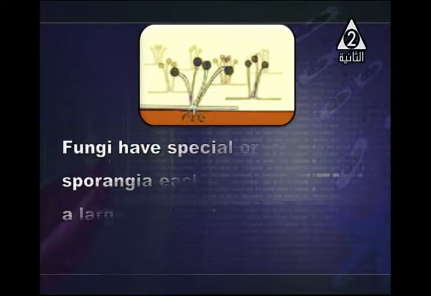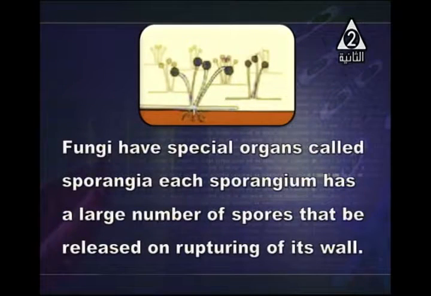This is the bread mold fungus, which has special organs called sporangia. Each sporangium has a large number of spores that are released on rupturing of its wall.